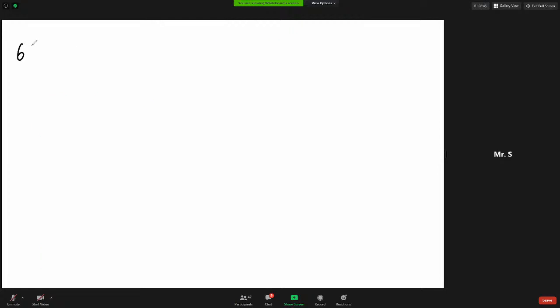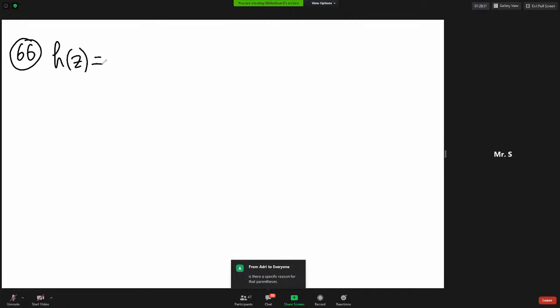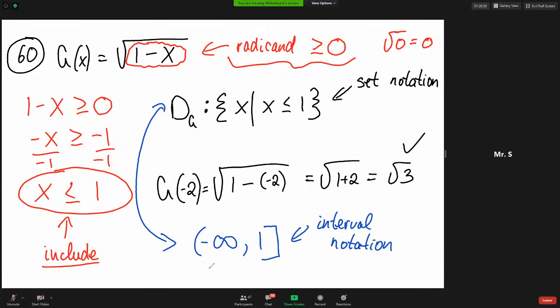All right, so the next one you guys will try is 66, where we kind of have both of them. Is there a specific reason for that parenthesis? So for interval notation, this parenthesis and this bracket are different because one means inclusion, one means exclusion. So the bracket means include, because we want the 1 included.